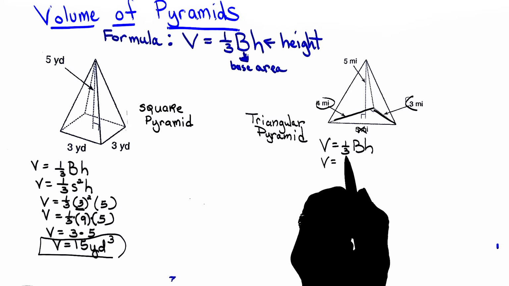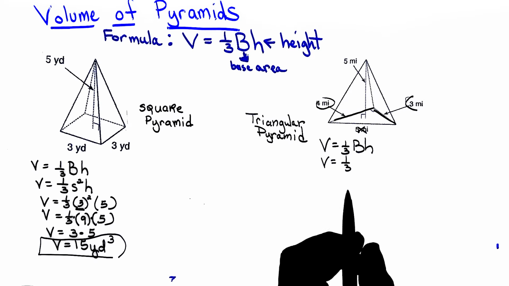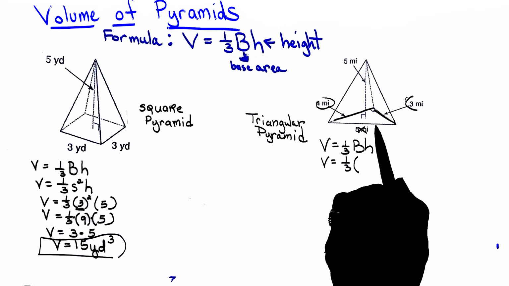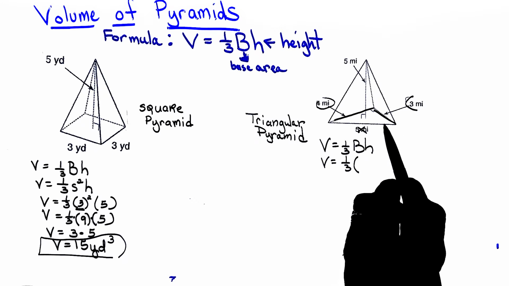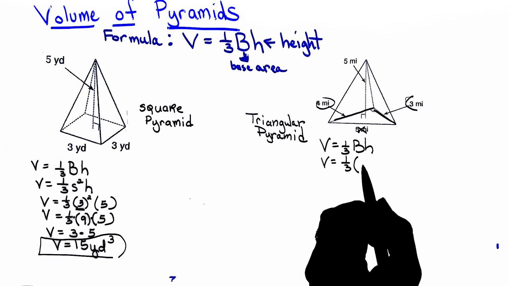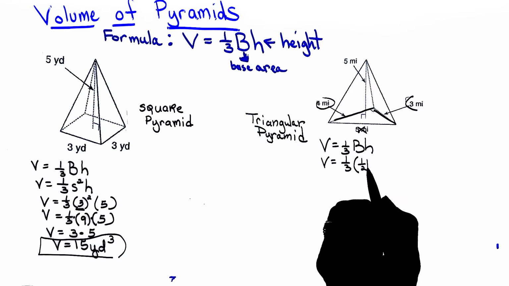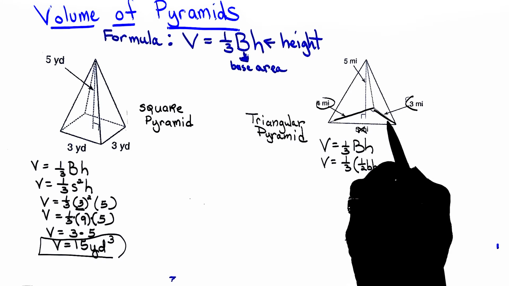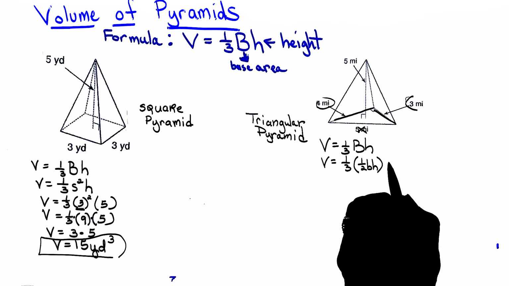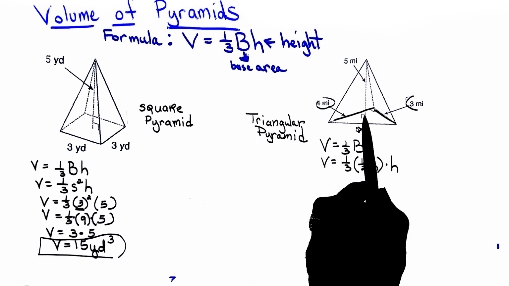Volume is equal to 1/3. I'm just going to write down the formula now for the area of this base, which is a triangle. So it's 1/2 base times height of this triangle. And then we are going to multiply that by the height of the actual pyramid.